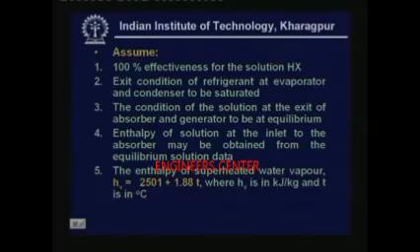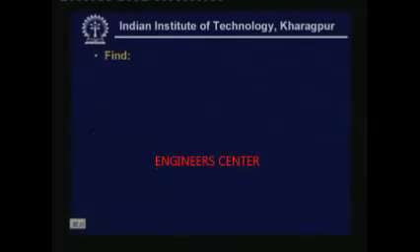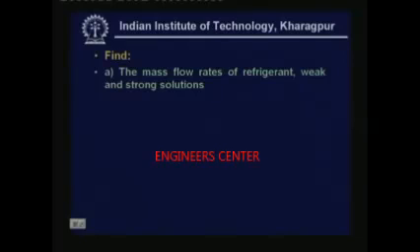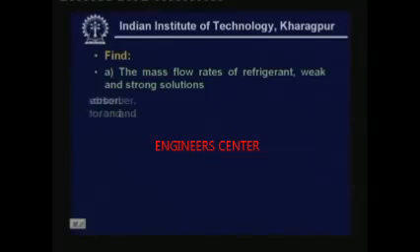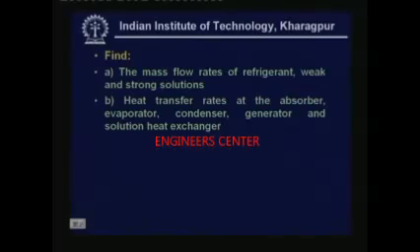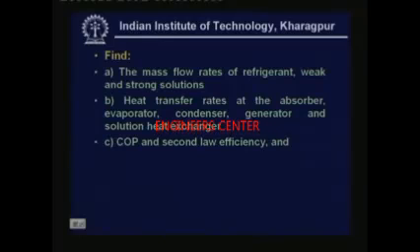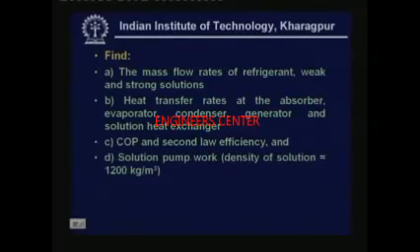So, this is the information given, and from this information we have to find the mass flow rates of refrigerant, weak and strong solutions, heat transfer rates at the absorber, evaporator, condenser, generator and solution heat exchanger, COP and second law efficiency, and finally the solution pump work. And for obtaining the solution pump work, we can take the density of solution to be constant at a value of 1200 kg per meter cube.